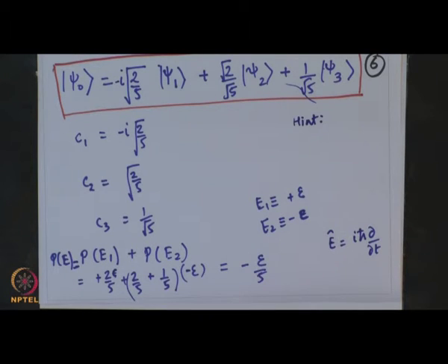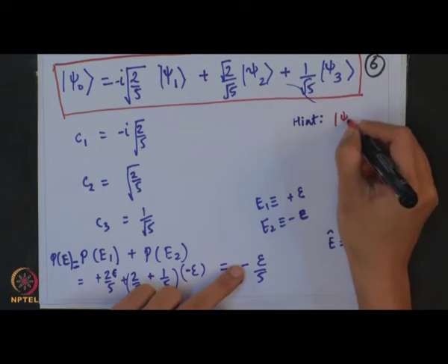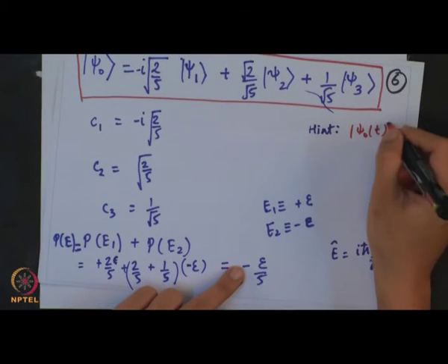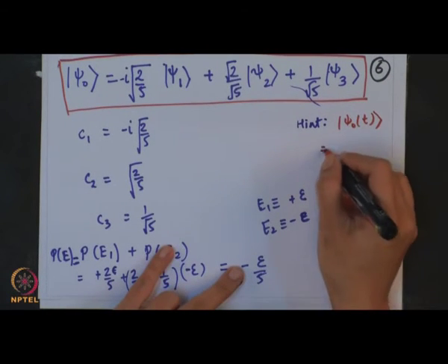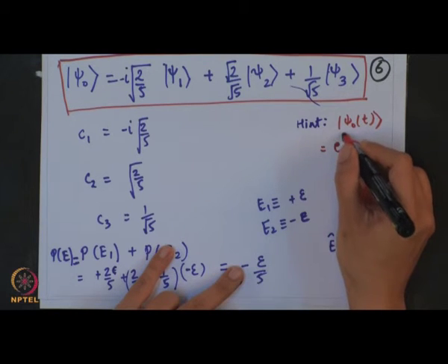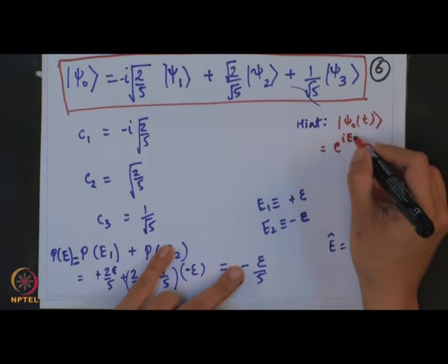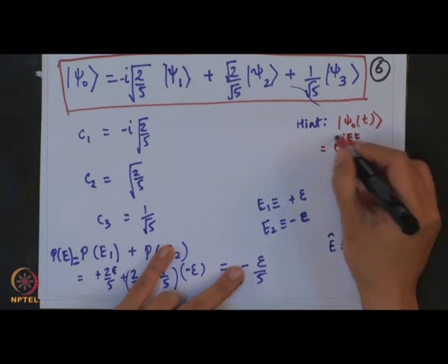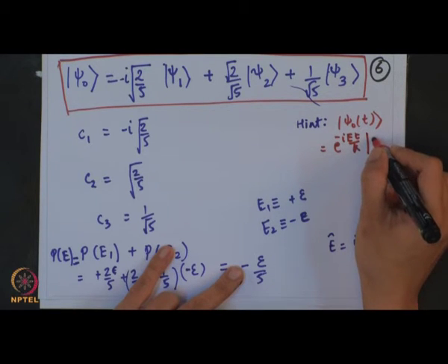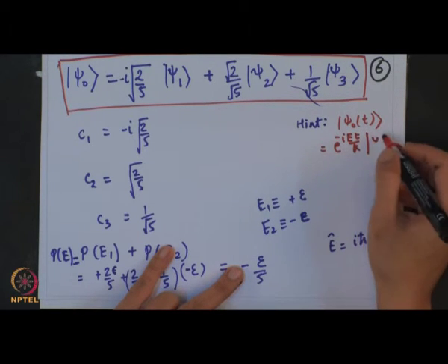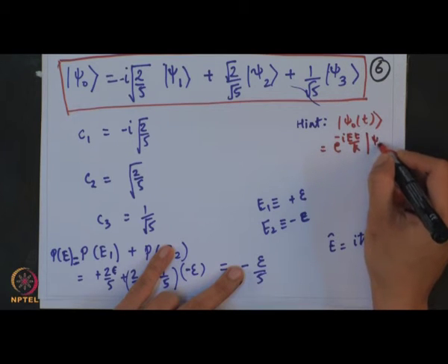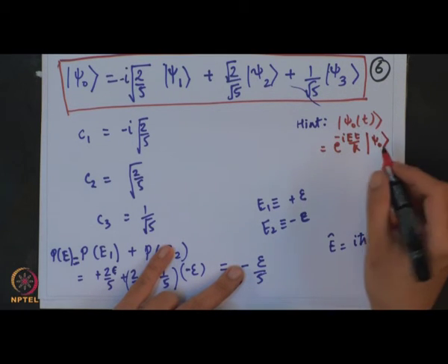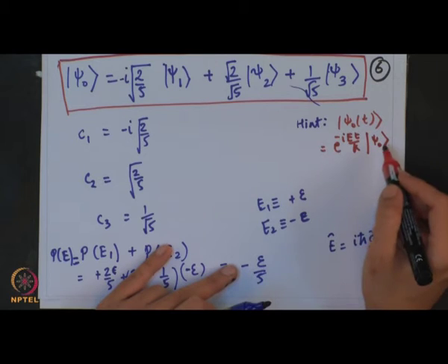For the expectation value you will write the wave function psi of t as e raised to i E t upon h cross times psi. Then you will write the expectation value.